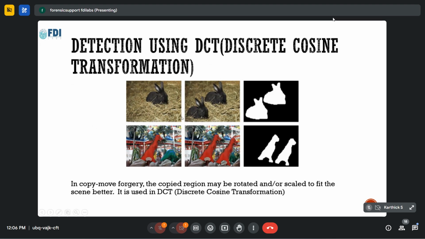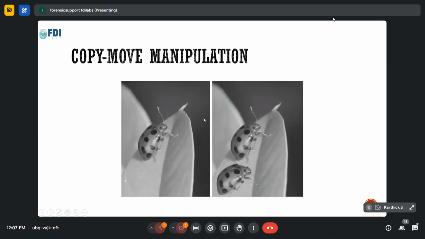You can also see in our previous picture, in the original image and the altered image, that a particular region, an insect, has been copied and moved into the altered image, and the particular blocks are not exactly the same as in the original image.